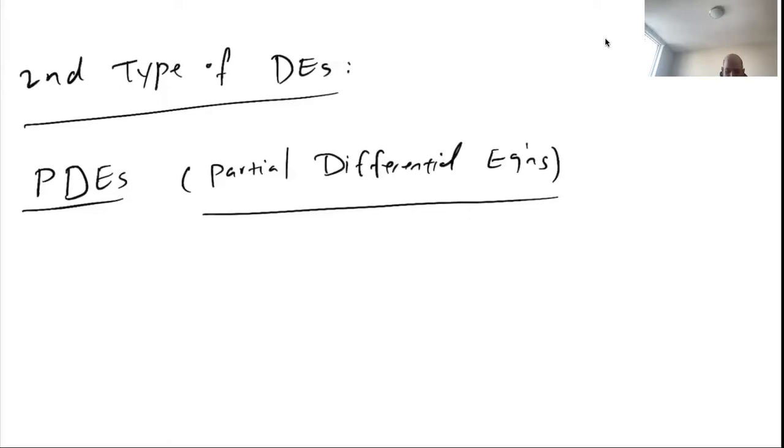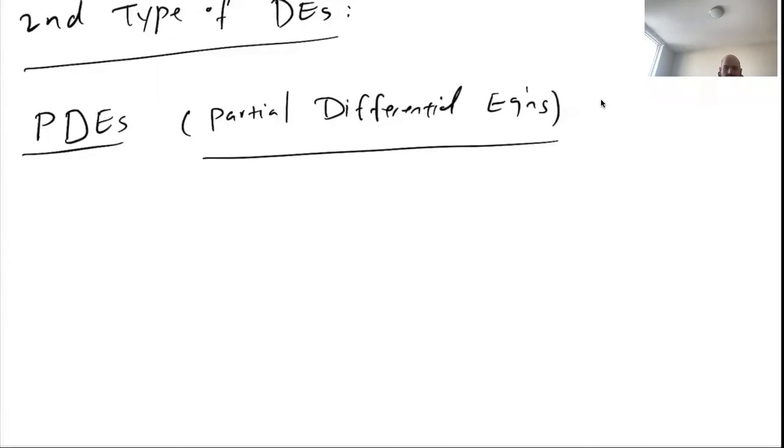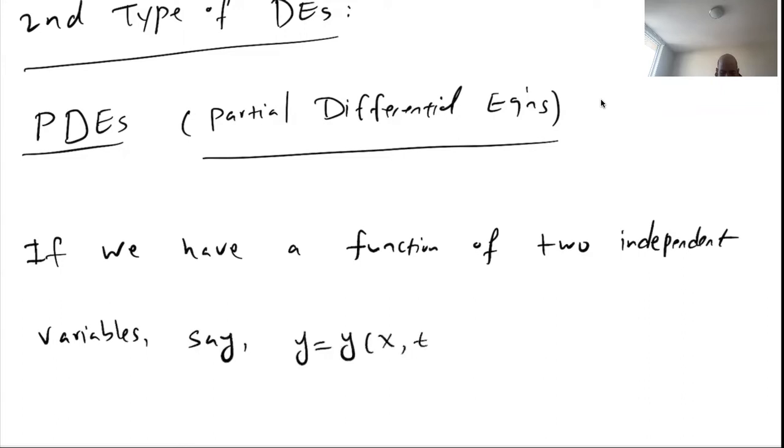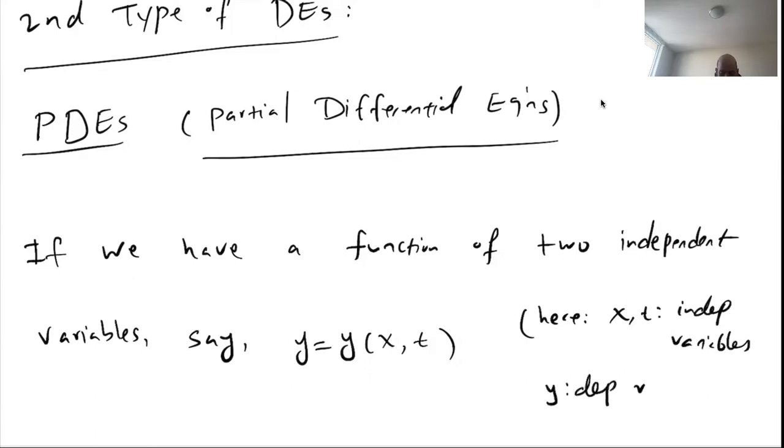variable. So if we have a function of two independent variables, say y equals y of x and t, here x and t are independent variables, and y is the dependent variable.